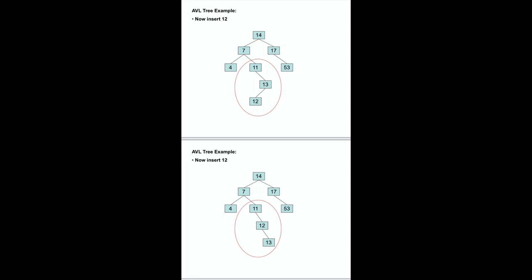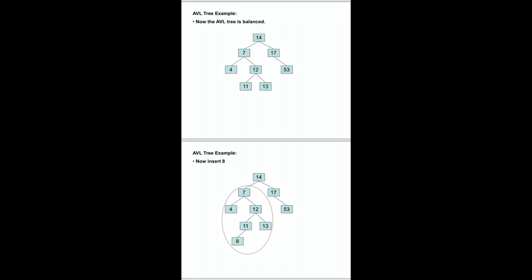Now we are inserting 12, which has created an imbalance in 11, so we use right subtree left side, that is right left rotation. In this rotation we first rotate on the right side, and then we rotate the whole root node to the left side.